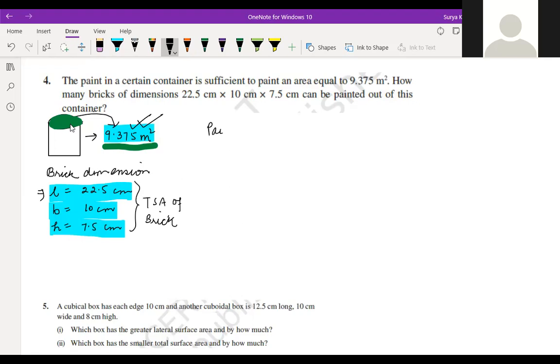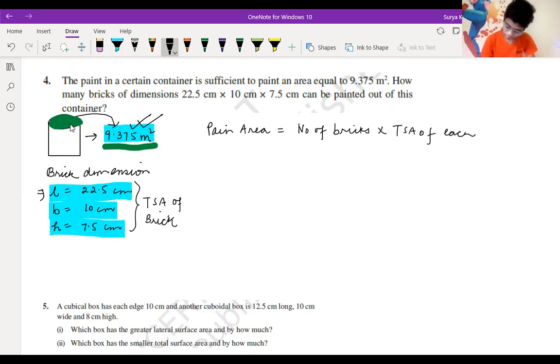Paint area is equal to number of bricks multiplied by TSA of each brick. Is this formula clear or not, children? First you tell me, is the formula clear? Yes, sir, it's clear.